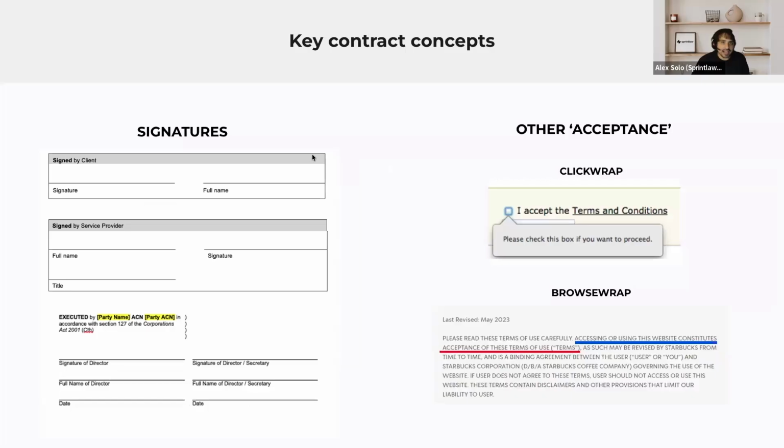And then at the end, we have our signatures. So the signature block is obviously, people know what that is, a place where you would sign and date the agreement. There's certain signature blocks that need to be used for companies that may be different to those used for individuals.